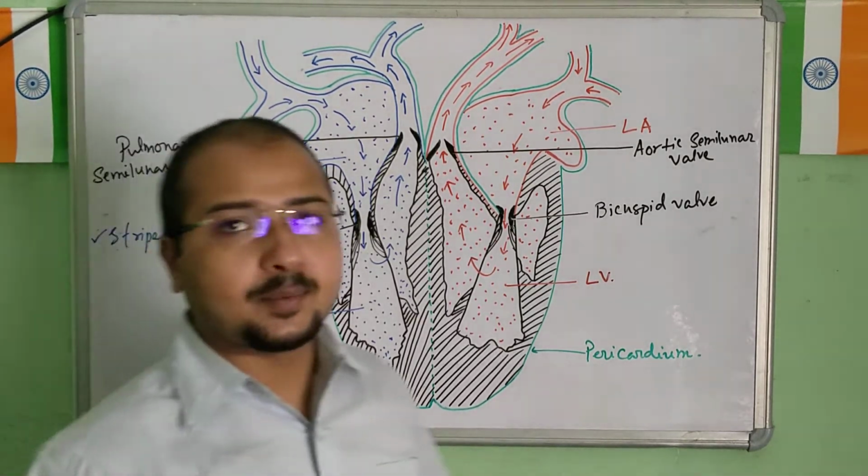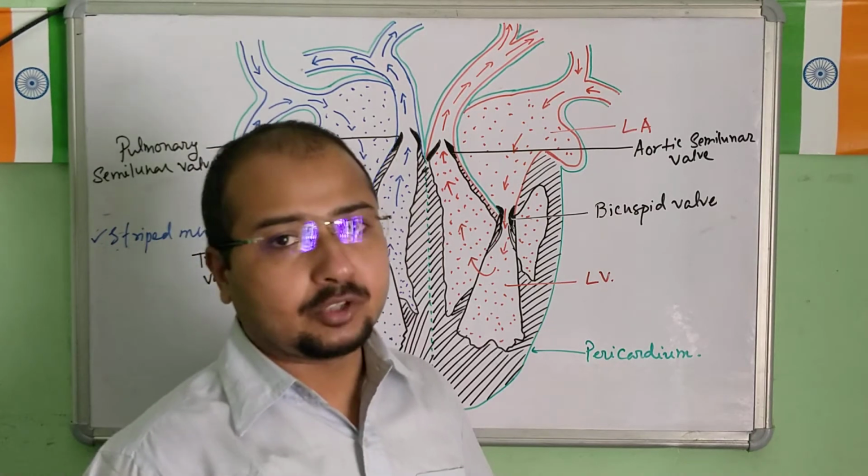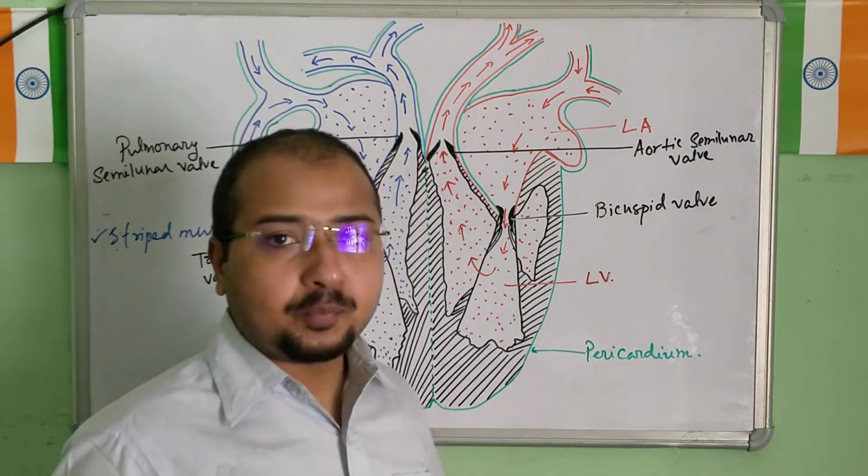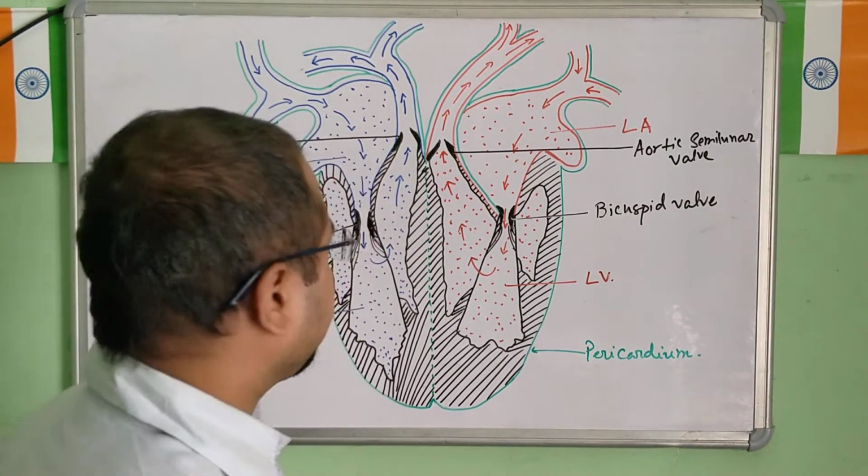Aortic semilunar valve and pulmonary semilunar valve. Clear? And the function of the valves, you know, is preventing backflow of the blood.